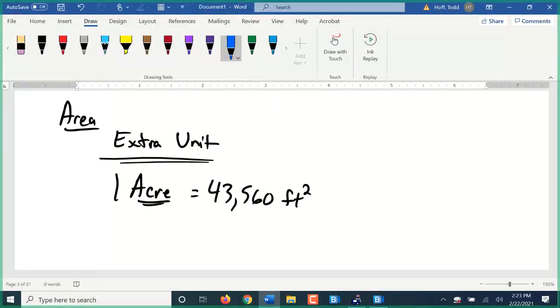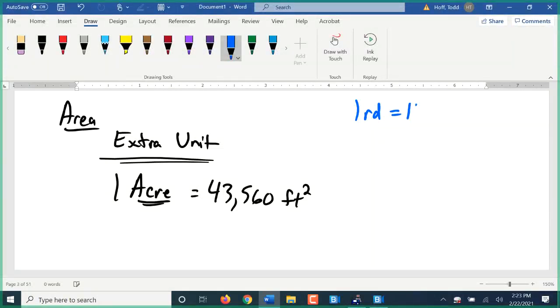Well, that seems like an arbitrary number. But if you recall, a couple classes ago, when we were starting to talk about length, I mentioned that the rod is one of our measuring tools for measuring land area, a surveyor's tool. It was a unit of length.